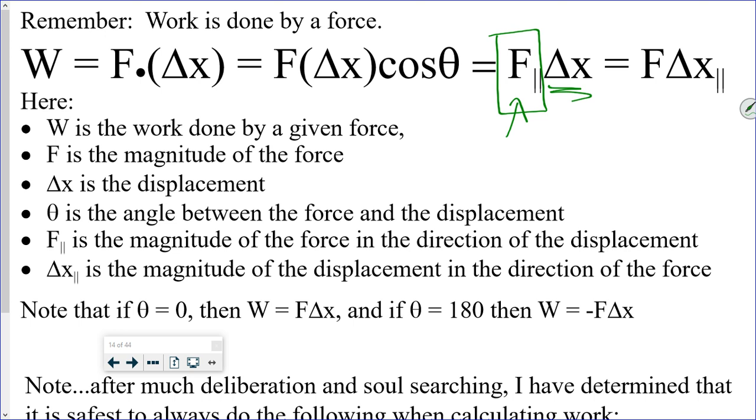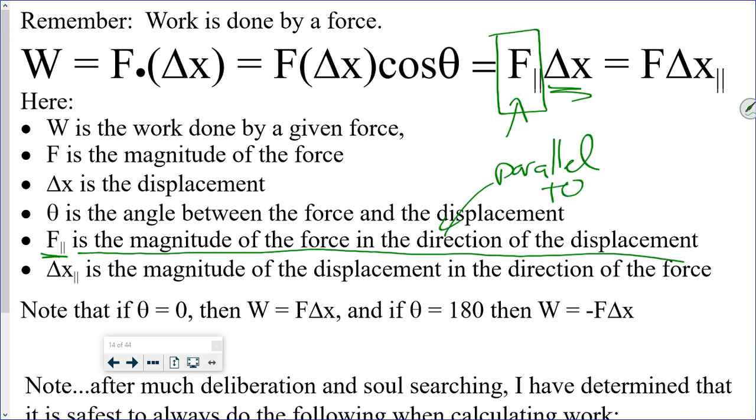So this F parallel is the magnitude of the force in the direction of the displacement. Maybe I should say parallel to the displacement. Okay? So split your force up into components, find the component of the force that's parallel to the displacement, and then multiply.